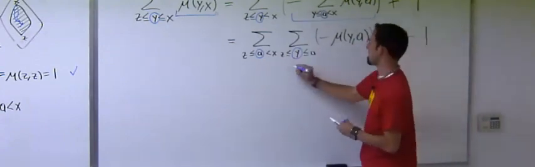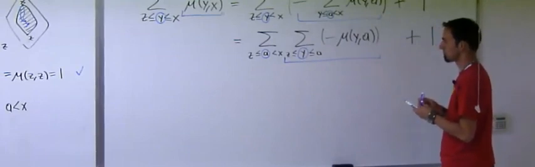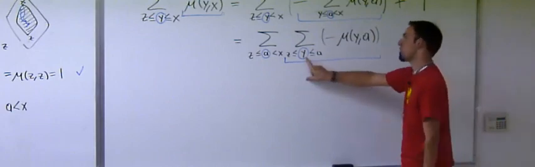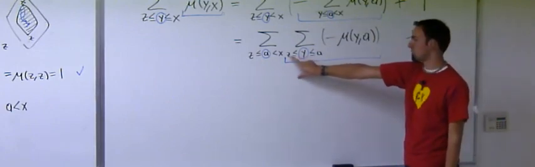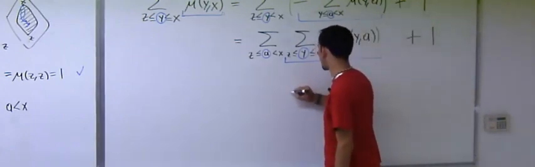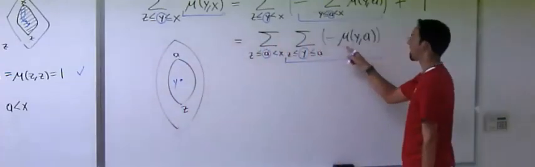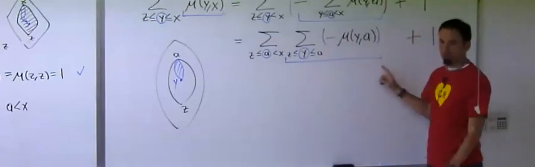But now, what is this sum? Well, what I'm doing is, for each y in the interval between z and a, again, I draw my picture. Here's z, here's a. I'm considering all the y's in between and adding up mu of y comma a. So what can you tell me about this sum?